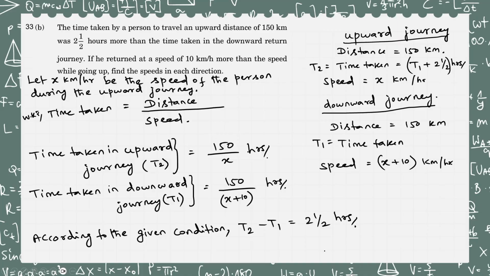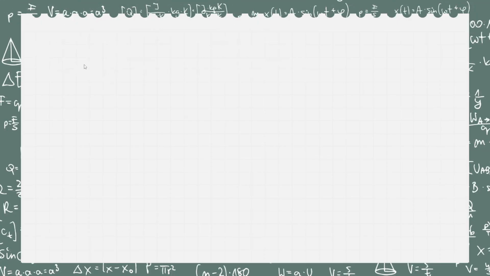So let us continue. T2 is 150 by x and T1 is 150 by x plus 10 equal to 2.5 as an improper fraction will be 5 by 2, right? So we need to solve this quadratic equation, right? We are going to get a quadratic equation here. Let's see how.